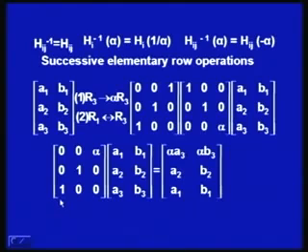So, the result is 1 here. Then this row multiplied by the second row is 0 and the third row multiplied by the third column is again 0. So, the product of these 2 elementary matrices comes out to be this.